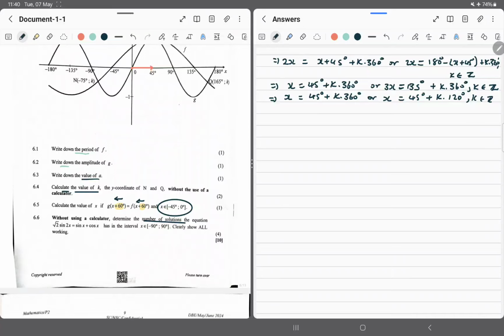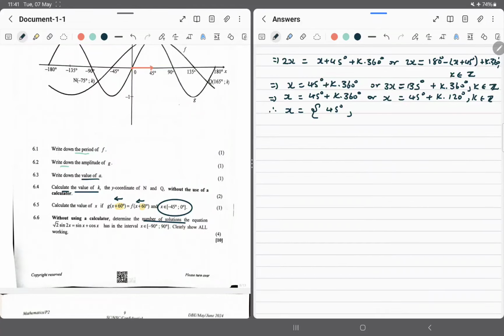Now, we needed to find the solutions. So we can say, therefore, x is equal to this set. Obviously, between minus 90 and 90, 45 is the answer, right? Because it's going to be 45 when k is 0.